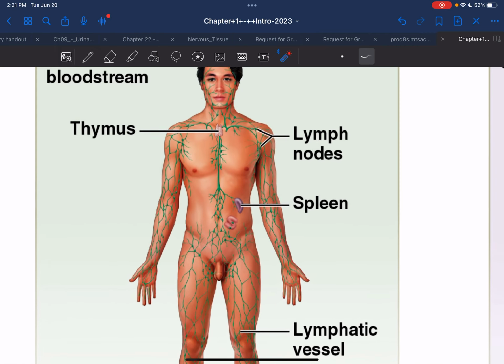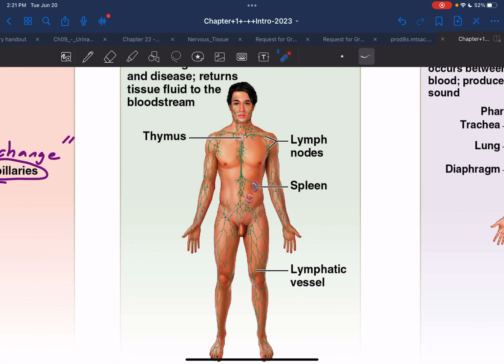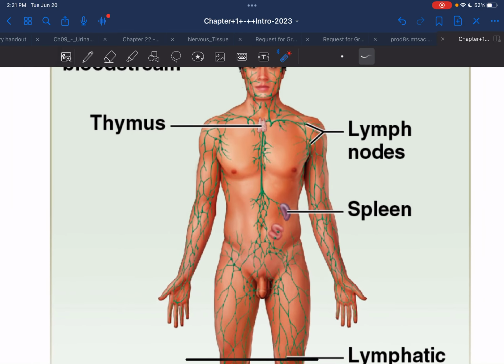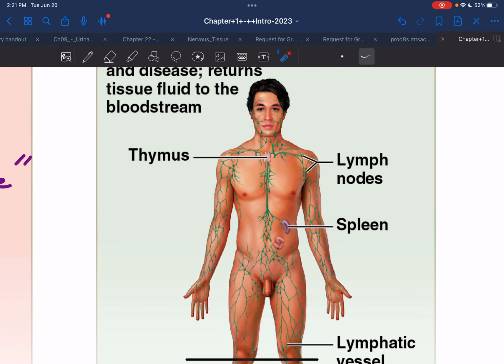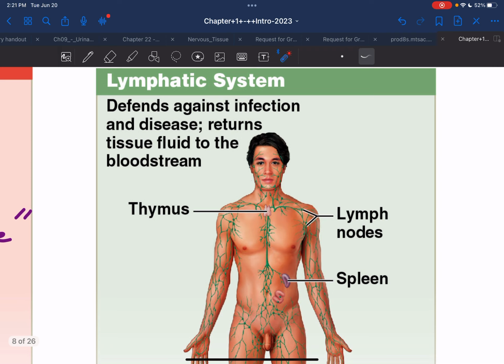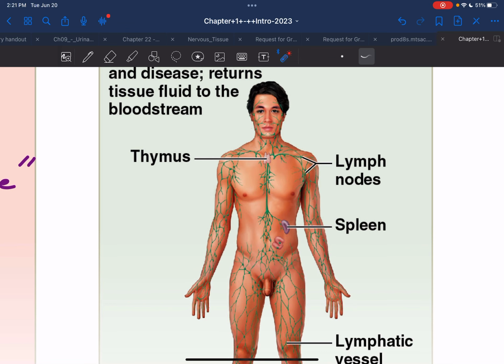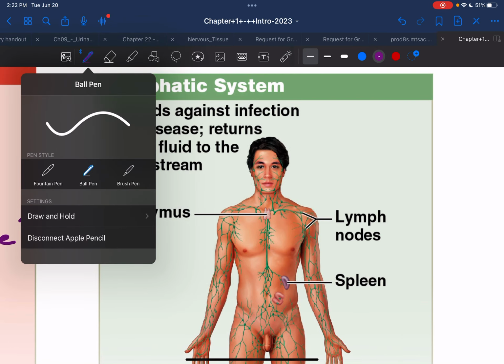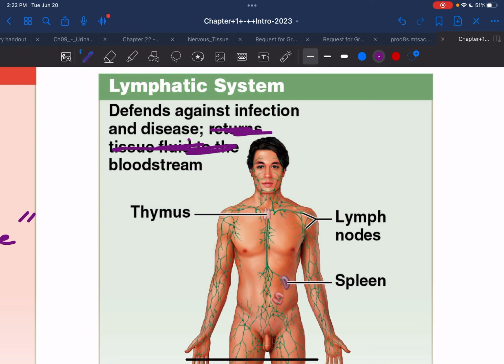Next, lymphatics. This is a little unknown, or overlooked, system, but you have another set of vessels called the lymph vessels, under the lymphatic system. What it's involved in is regulating volume. Let's see, return tissue fluid. You can cross this statement out, and I want you to write regulates volume instead.